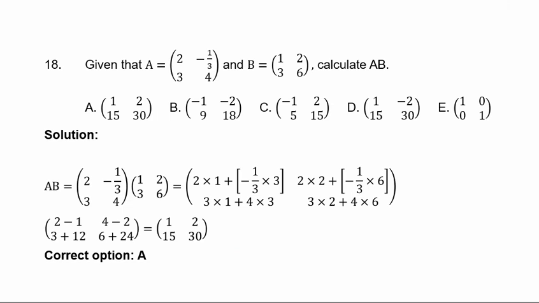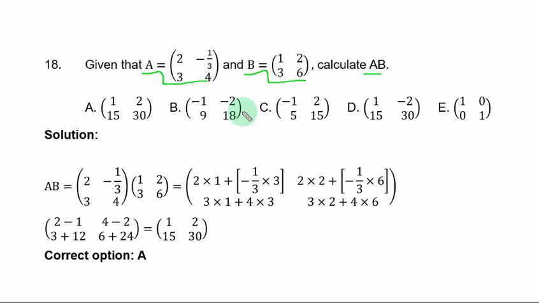Question 18. Given that matrix A is equal to this and matrix B is equal to this, evaluate AB. That is A times B. For you to multiply any two matrices, you must understand that the number of columns in the first matrix is equal to the number of rows in the second matrix.